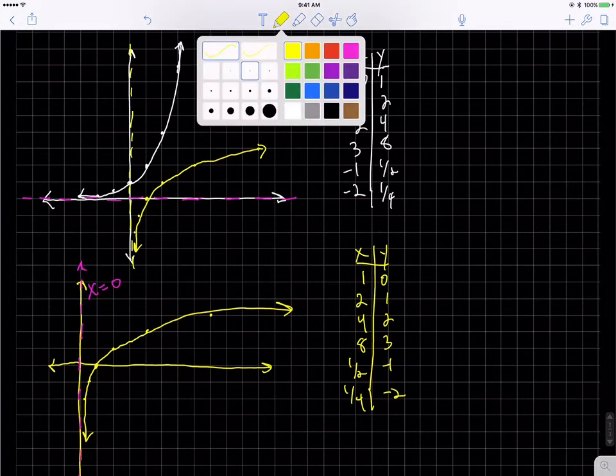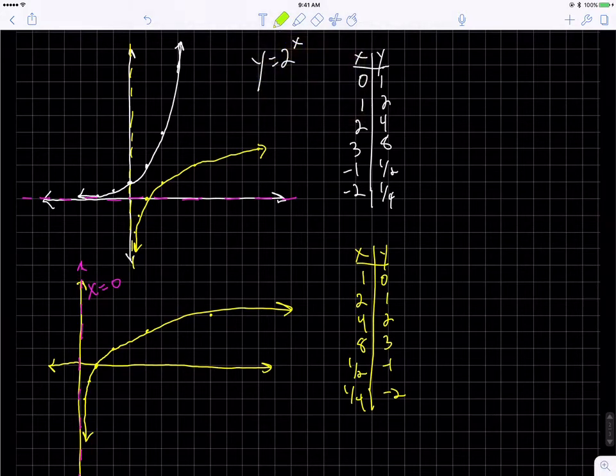You can see that it is a reflection about the line y equals x. So that kind of shows graphically that it's an inverse.